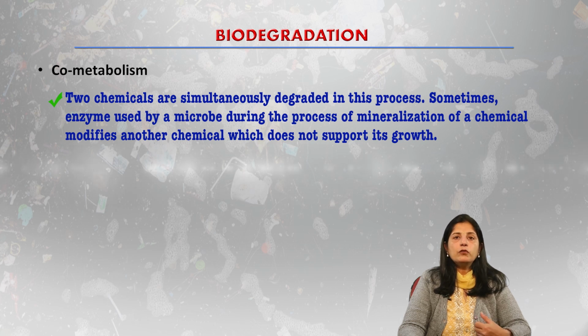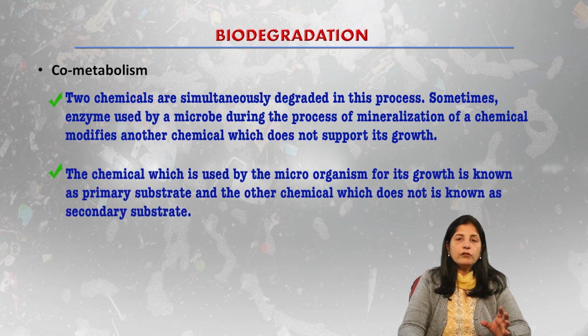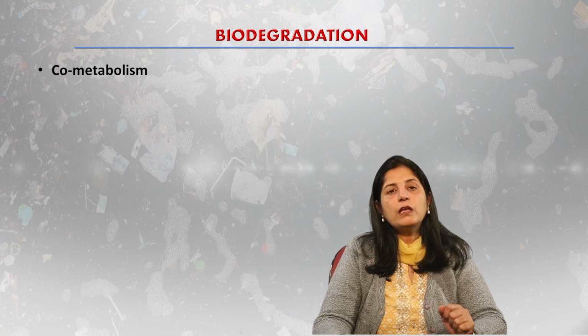Sometimes the enzyme used by a microbe during the mineralization of a chemical modifies another chemical which does not support its growth. The chemical which has been used by the microorganism for its growth is known as the primary substrate, and the other chemical which does not support its growth is known as the secondary substrate. This process is very useful in degradation of environmental xenobiotics.